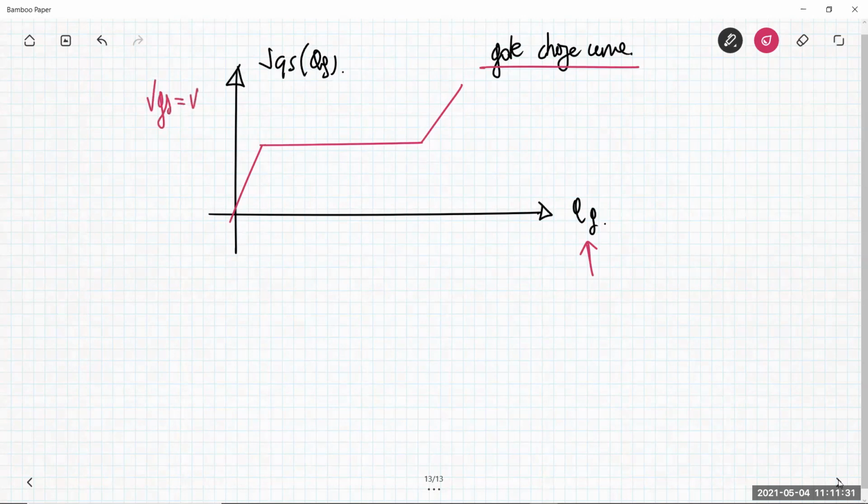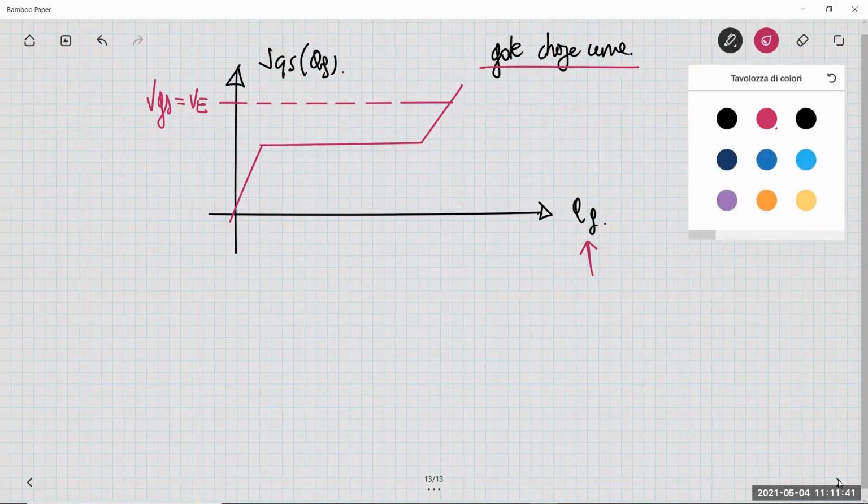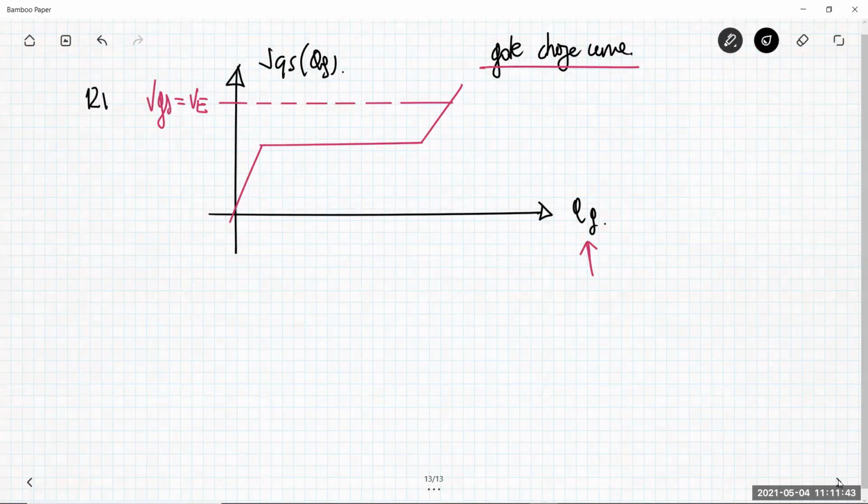The voltage VGS I have to get is the voltage applied from the external side, let's say VE, which is 12 volt. And so look at the charge that I have here. This is the charge that I have to provide, QG total.